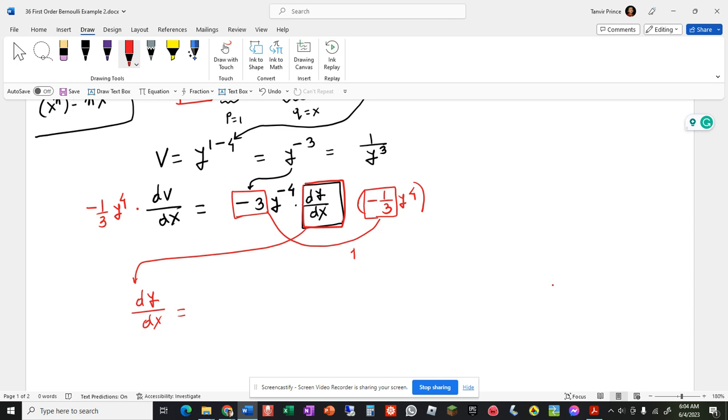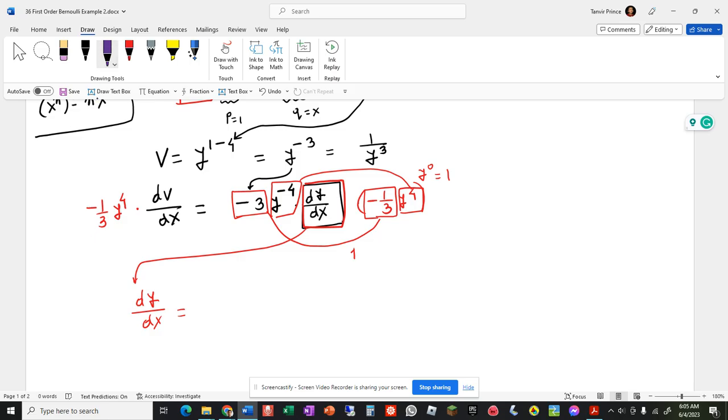And y to the power negative 4 and y to the power 4 is y to the power 0, which is also 1. Remember, when you multiply, you add the exponents. So the only thing that survives on the right is dy dx, because that is your goal. You solve for dy dx, and that is the reason you multiply by the reciprocal. The reciprocal of negative 3 is negative 1/3, and the reciprocal of y to the power negative 4 is y to the power 4. That is the reason.